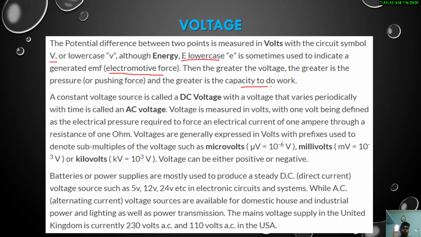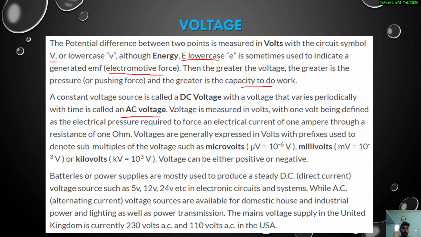A constant voltage source is called a DC voltage, and a voltage that varies periodically with time is called an AC voltage. There are only two types of voltages available. One is the constant voltage source, which is called a DC voltage source. Another one is the AC voltage source that changes with respect to time.